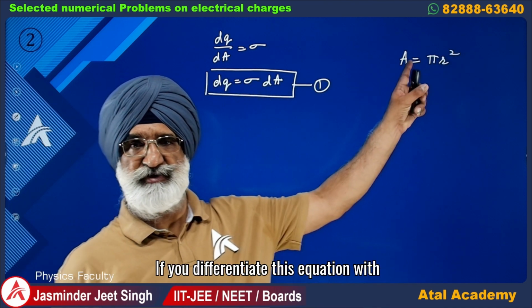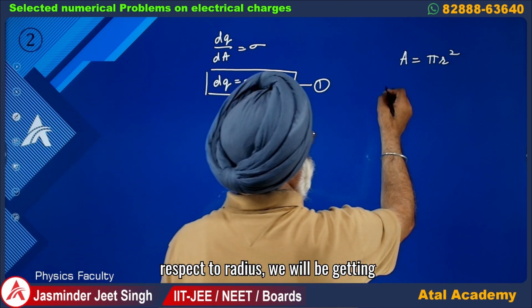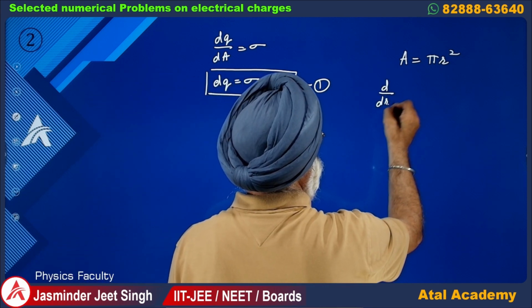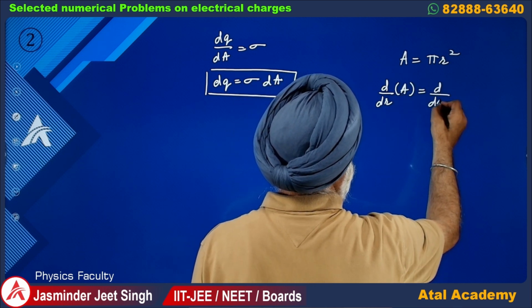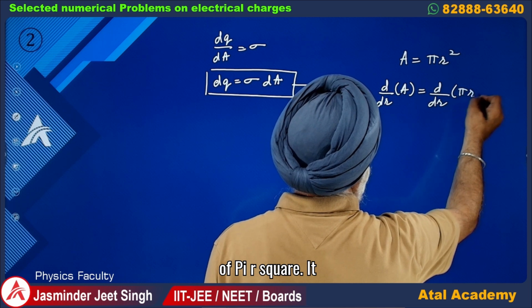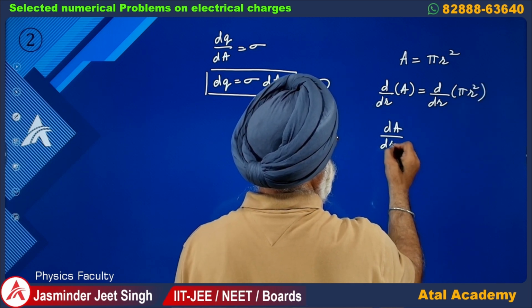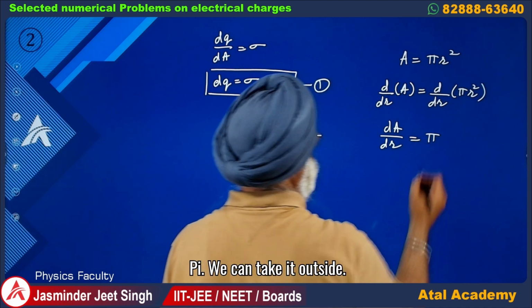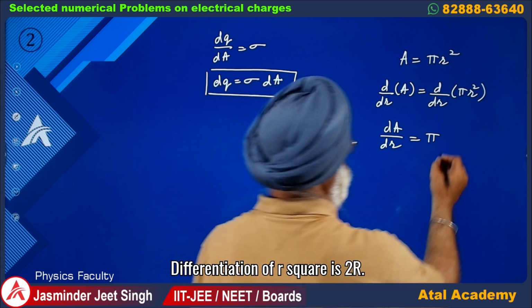If you differentiate this equation with respect to radius, we will be getting d upon dr of area, d upon dr of pi r square. It will be dA upon dr. Pi we can take outside. Differentiation of r square is 2r.